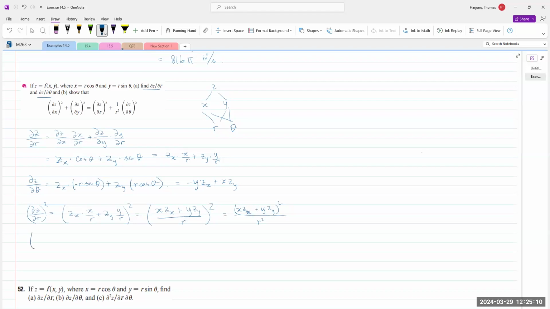Now, how about dou c dou theta? We have common factor r, huh? Actually, we have this. Okay, so that is x c sub y minus y c sub x, squared, right?